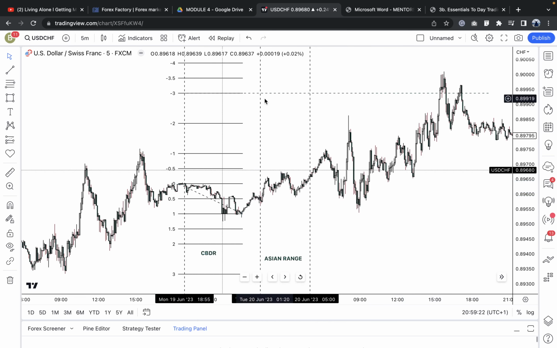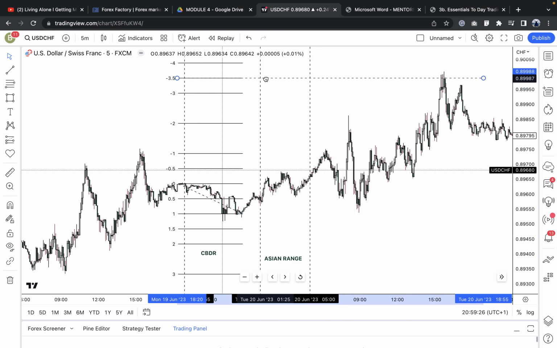This is where the market caps off the daily range, and 30.5 simply is 3.5 standard deviations of your central bank dealers range. And yes, I know you have questions about the 3.5. You can use half standard deviation of the range.